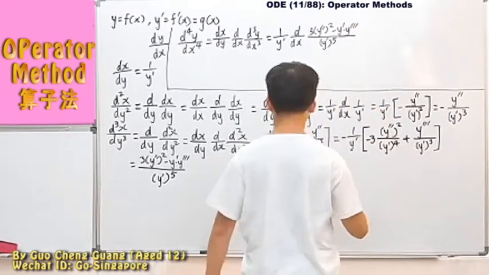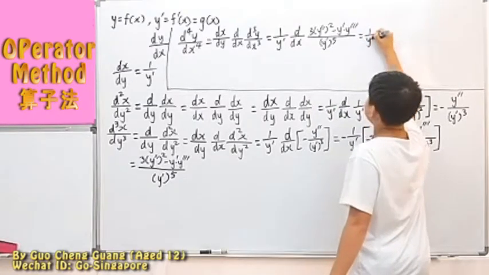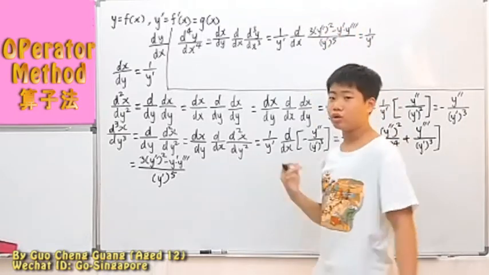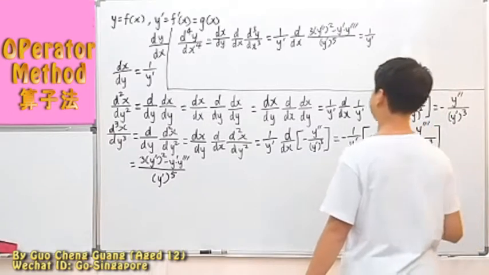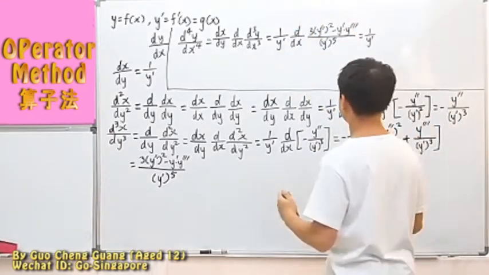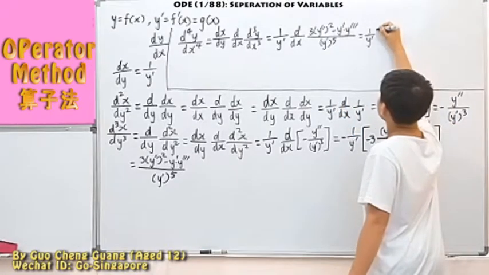So this is what you're going to have. Then that means you'll need to differentiate this whole part, but wait, this whole part. We're still going to use the product rule here. Since the quotient rule will just differentiate this part, it'll seem like very complicated.